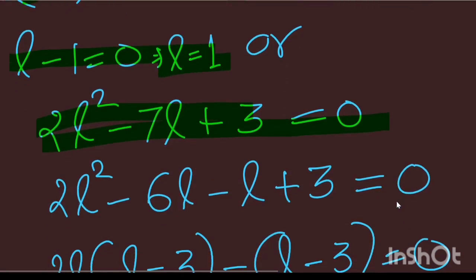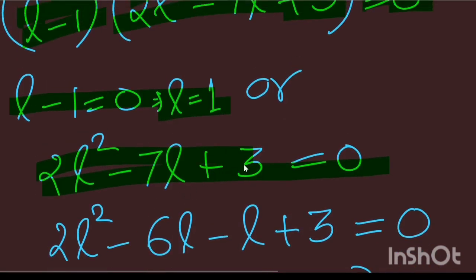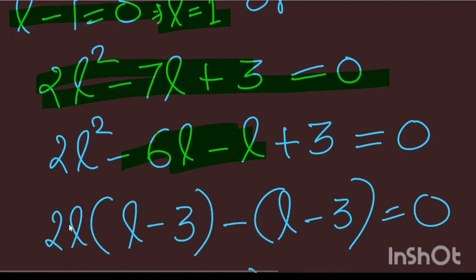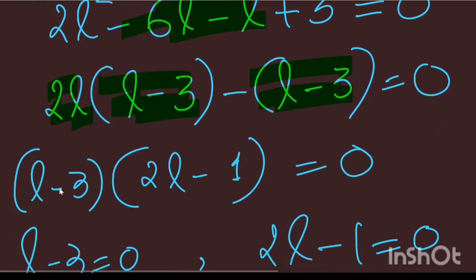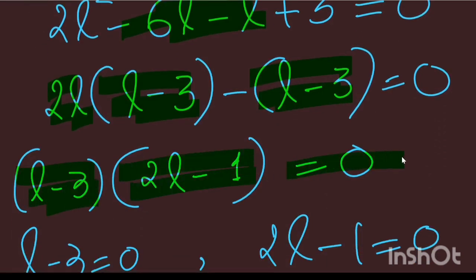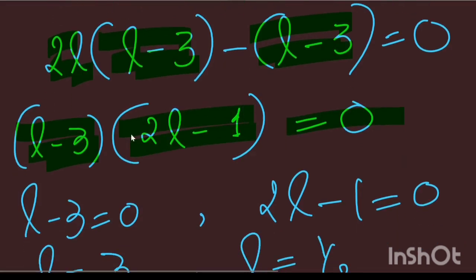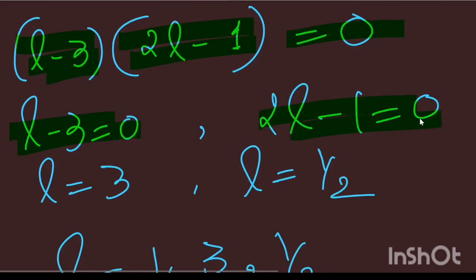Now if you use splitting of the middle term, minus 7L as minus 6L minus L, you can write it, and then from the first two terms 2L, if you take common, L minus 3, and from the last two terms also L minus 3 we can take out. So L minus 3 is one factor, 2L minus 1 is another factor. Which leads us to the roots L minus 3 equals to 0, 2L minus 1 equals to 0. So L equals to 3 and L equals to half.